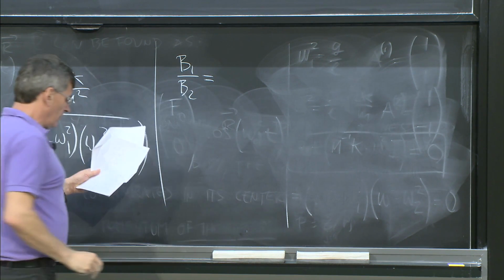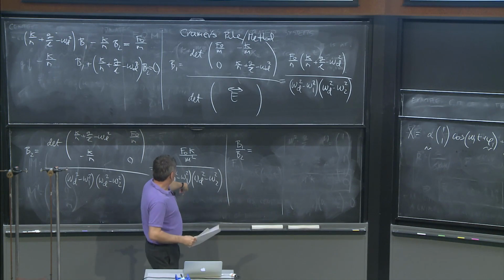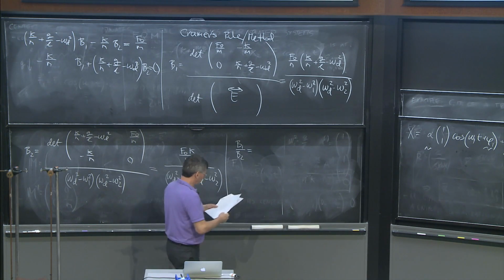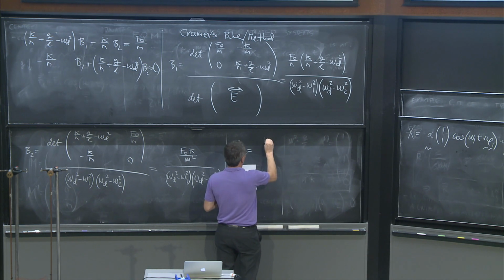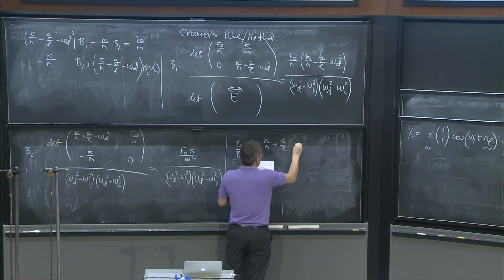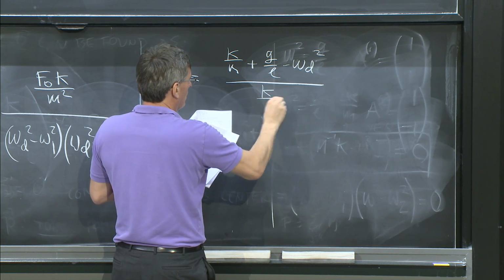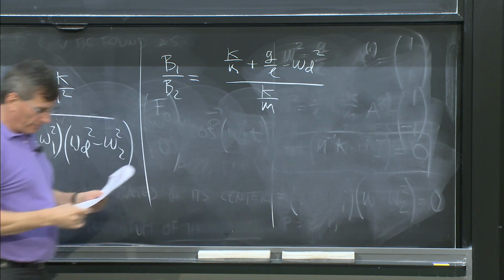Let's see if we learn anything from this. If you divide B1 over B2, the bottom cancels out. And I have K over M plus G over L minus omega d squared, over K over M.